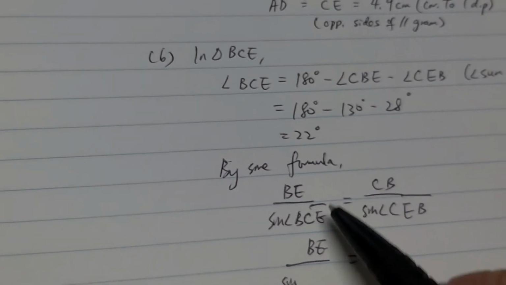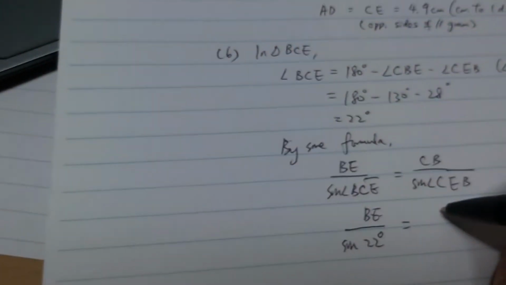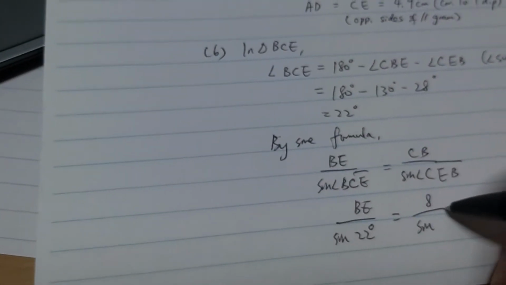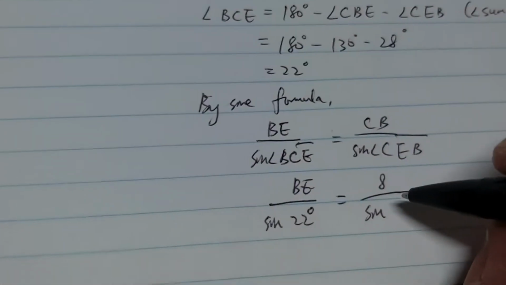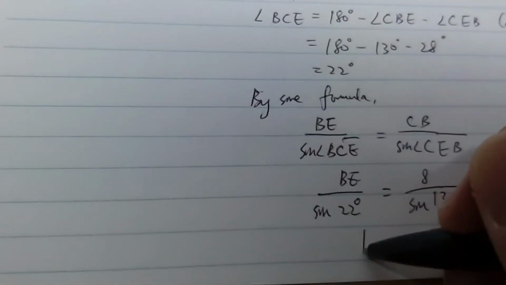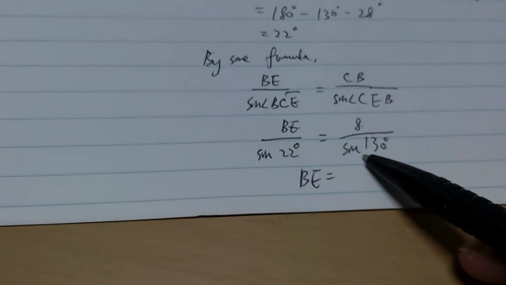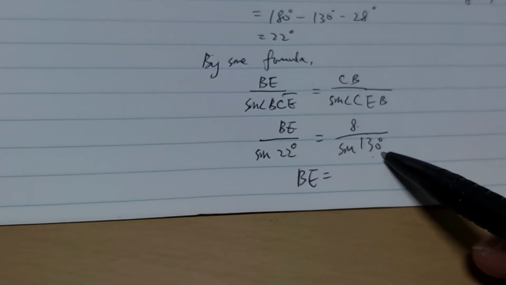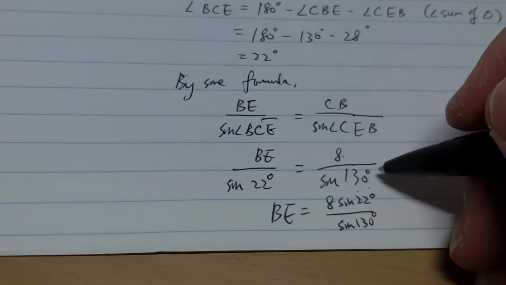Sine angle C we have just found, which is 32 degrees. BC is x, corresponding angle of x is 130 degrees. So BE is just x times sine 32 degrees divided by sine 130 degrees.